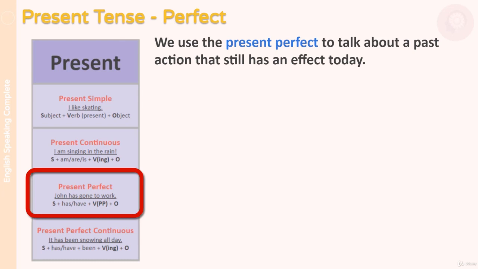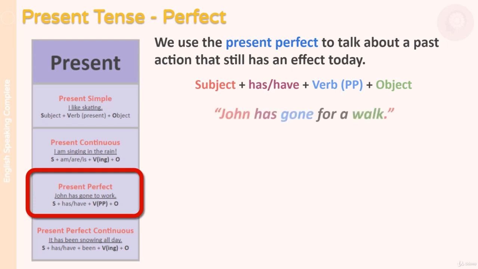It's not really too important, but he has gone now as well. The effect is he's not here. To make the present perfect, we have subject plus has or have, depending on the type of pronoun, plus the past participle form of the verb, plus the object. That's the basic structure of the present perfect tense.